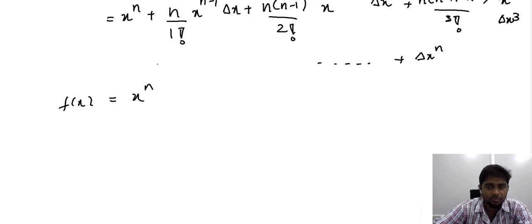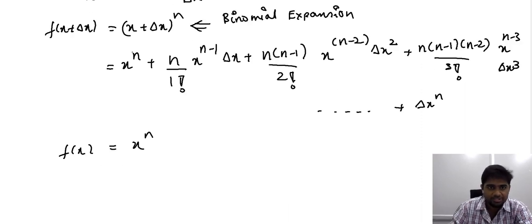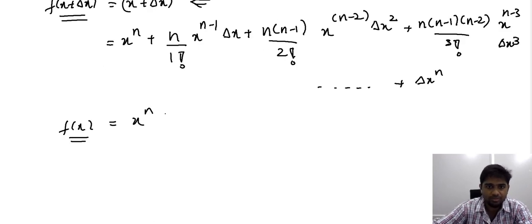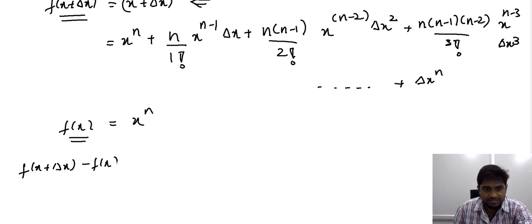Now what we want to do for the numerator is consider the difference between these two terms, f of x plus delta x and f of x. So when you combine this, f of x plus delta x minus f of x would be nothing but, we will try to rewrite this entire term by considering fewer terms.